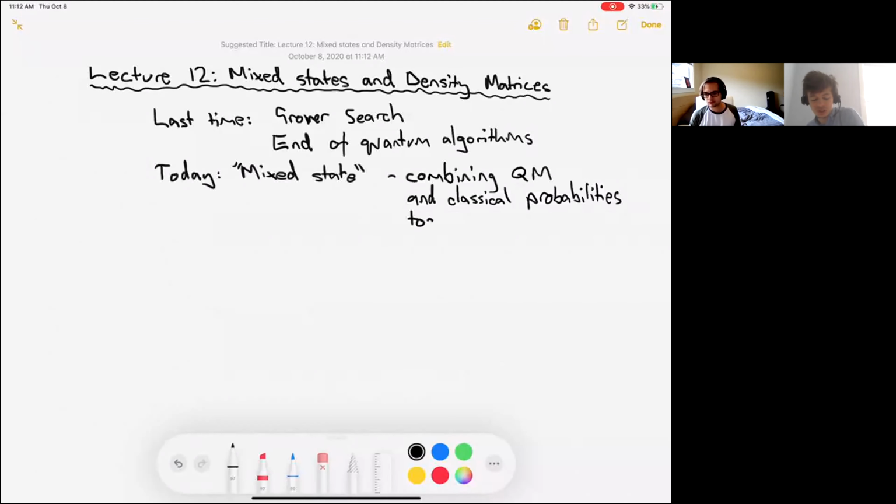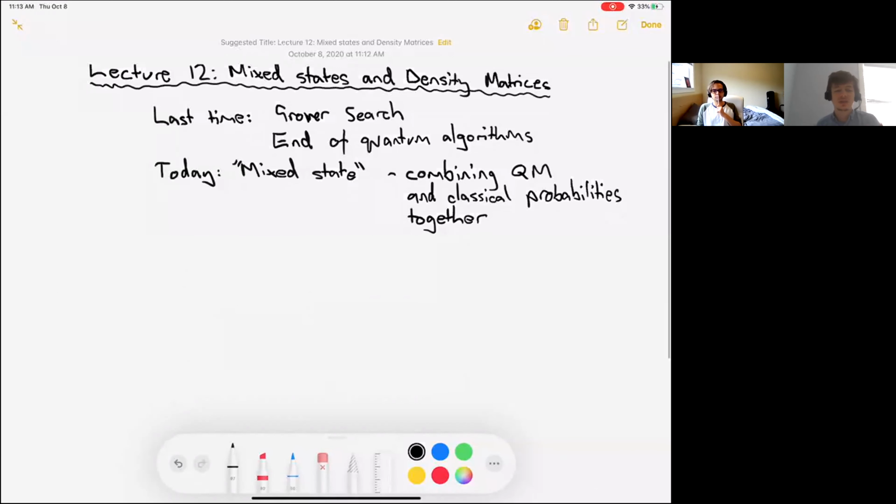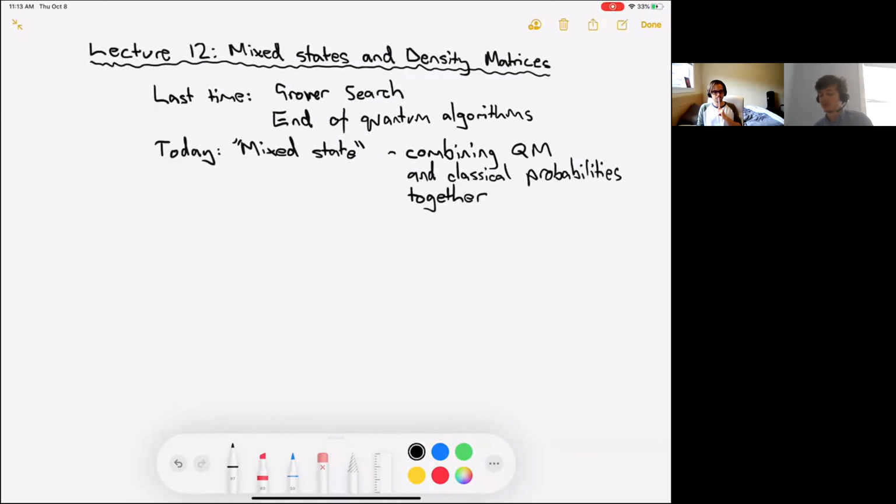It turns out this works rather more nicely than you might think. You might think this is just a hack that you use once in a while when you need to talk about classical probabilities and quantum mechanics at the same time, but actually the way you want to think about quantum states most of the time uses this formalism that can cope with classical probabilities, and we'll see why this lecture.